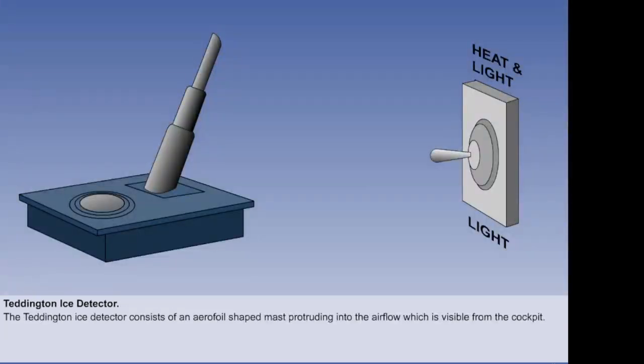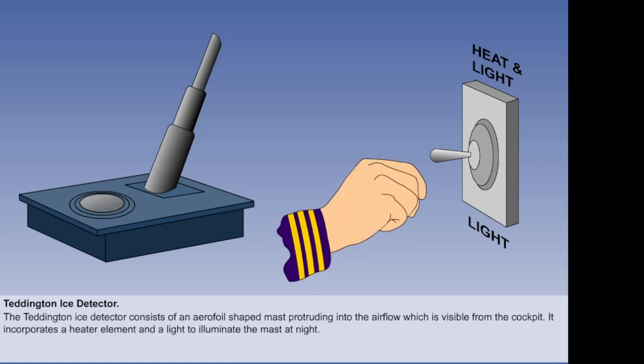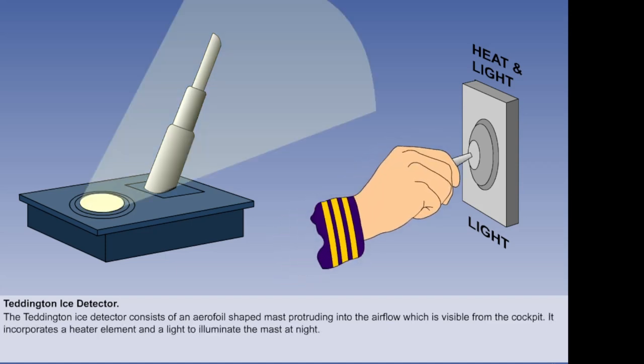To assist the pilot, some aircraft have a device known as the Teddington Ice Detector. This detector consists of an aerofoil-shaped mast protruding into the airflow, which is visible from the cockpit. The mast incorporates a heater element and a light to illuminate the mast at night.